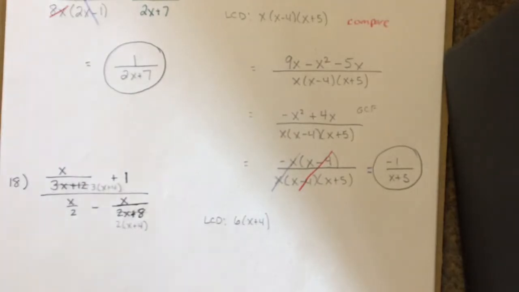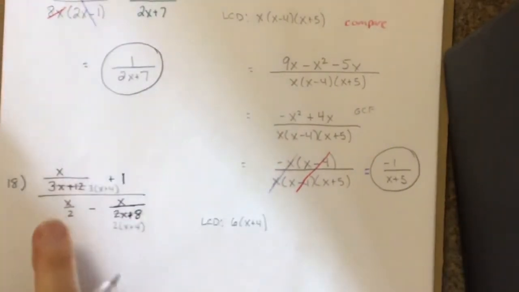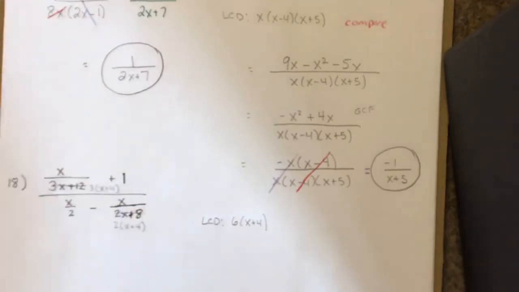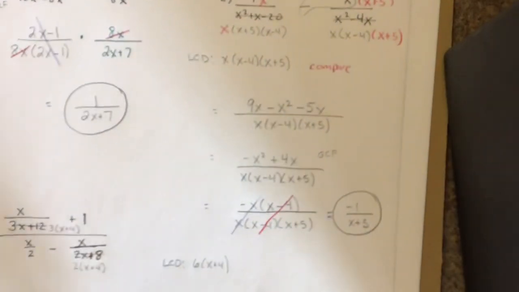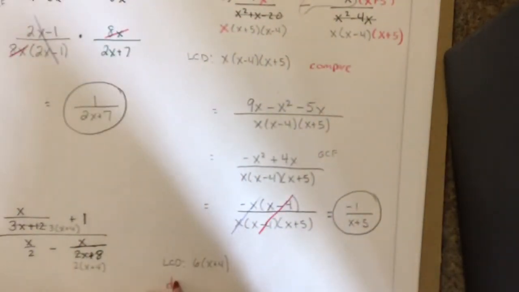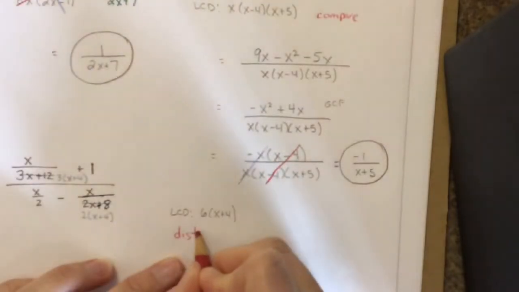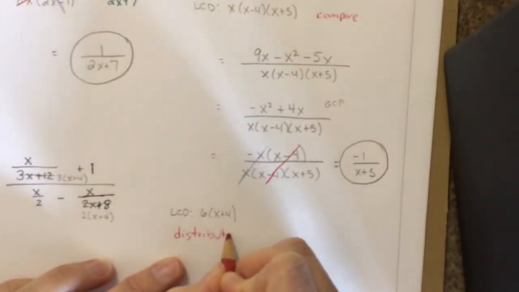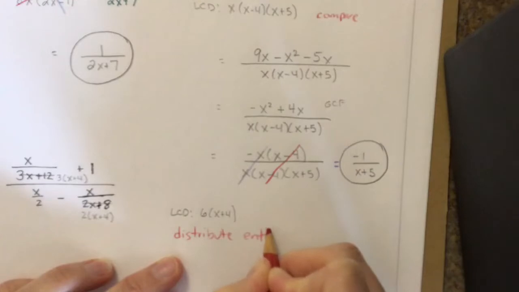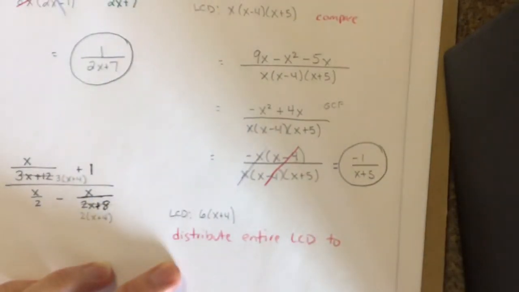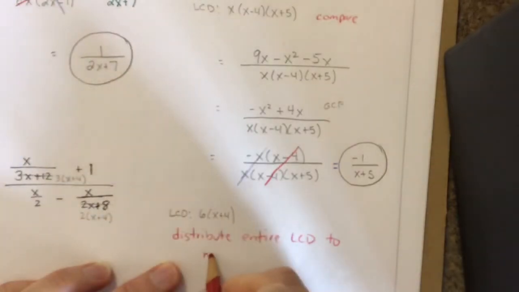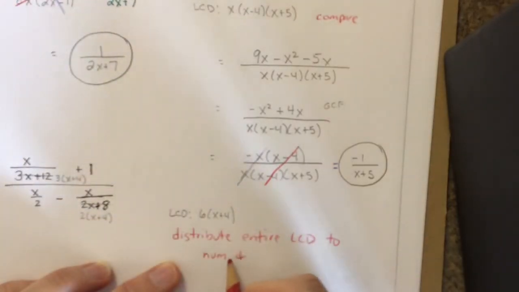All right. Now, the process that I use for complex fractions with this LCD is different. It's a bit different from subtracting and adding. What I do is I don't compare, I distribute the entire LCD, the whole thing, to every term in the numerator and the denominator.